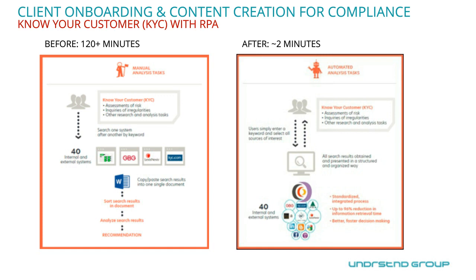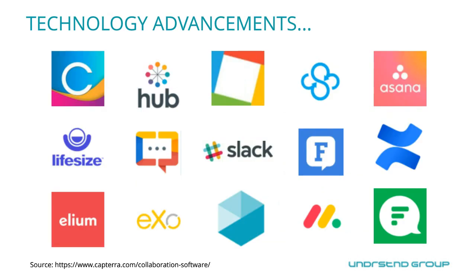And they got that down to 2 minutes, so significant productivity improvement, cost reduction. Very, very powerful, but all in the context of content as an information source, business process management, and robotic process automation, or RPA.